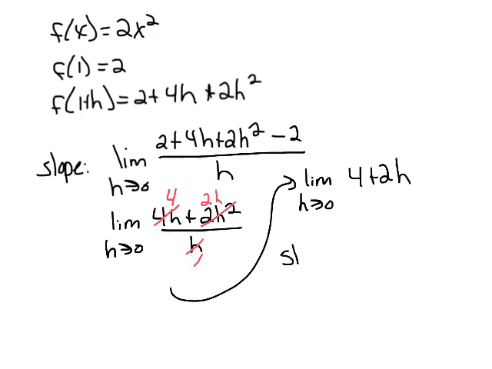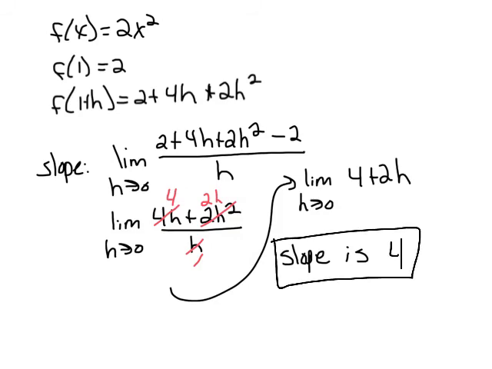So the slope of the tangent line, when I evaluate that function when h is 0, this part of it goes to 0, and I'm left with a value of 4. So the slope is 4. That's the slope of the tangent line when x is equal to 1.